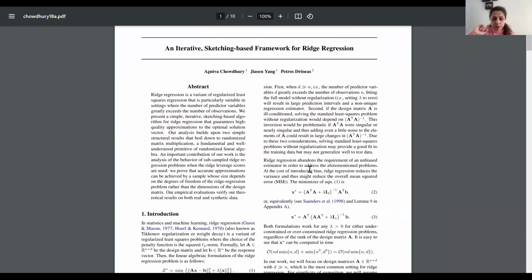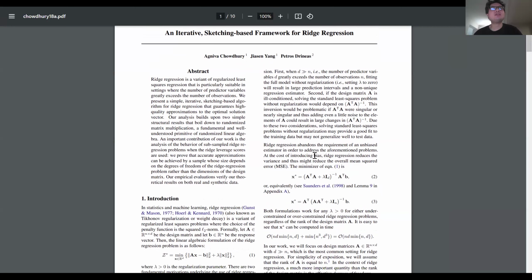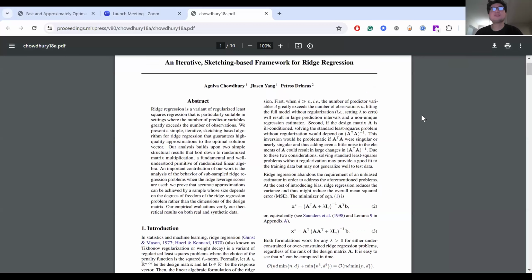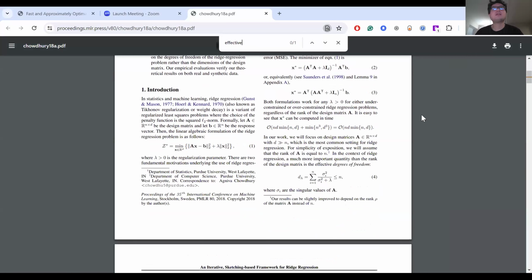Yeah, I think I've seen this paper before. Let me do a control F. Yeah, I think this is effective dimension or something like that.